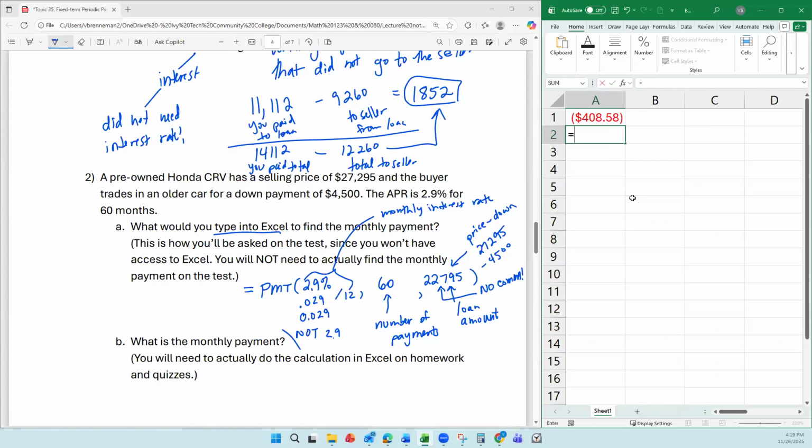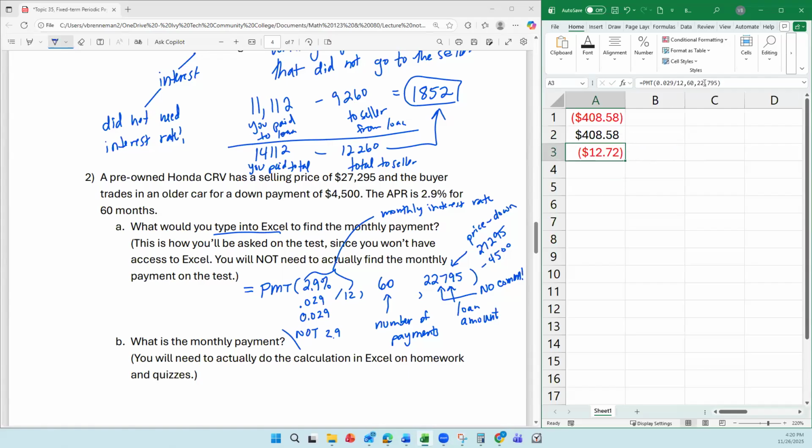If I don't want it to do that, I can do PMT, parentheses. Let's say I go 0.029 here divided by 12. Again, doesn't matter. Comma, 60, comma. If I put a minus here in front of the 22795, it'll give the same number. It'll just accept that it's a positive number. If I do equals PMT and do 0.029 divided by 12, comma, 60, comma, 22, comma, 795, it gives a wrong answer.